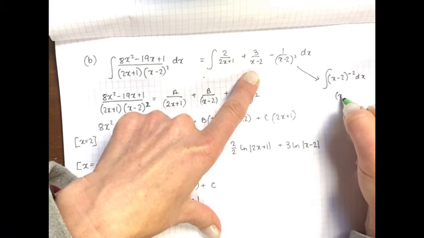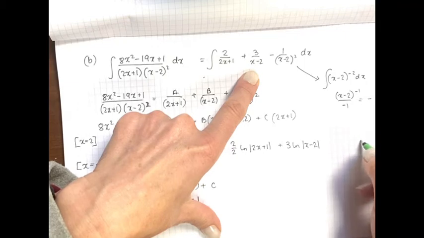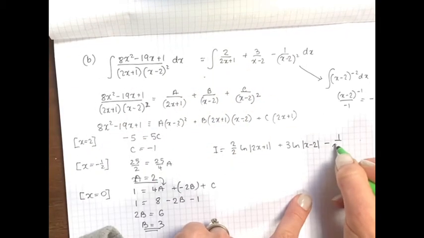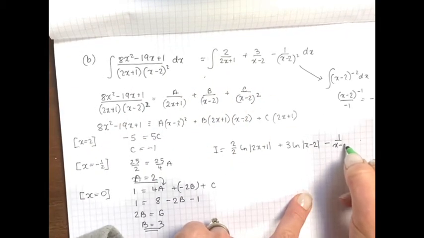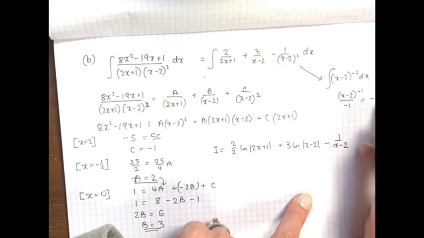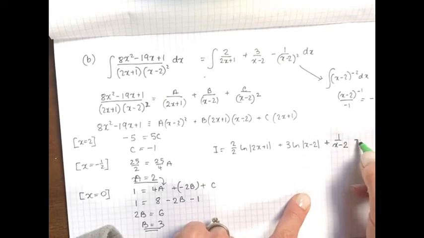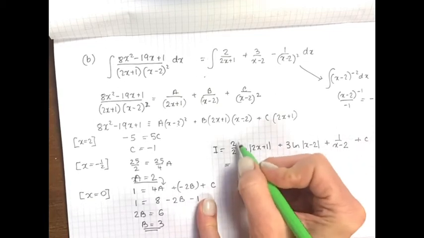So it will go to x minus 2 to the power of minus 1 divided by minus 1. So it's minus 1 over x minus 2. But there is a minus here, so it's going to be minus minus, which is a plus. Plus C.